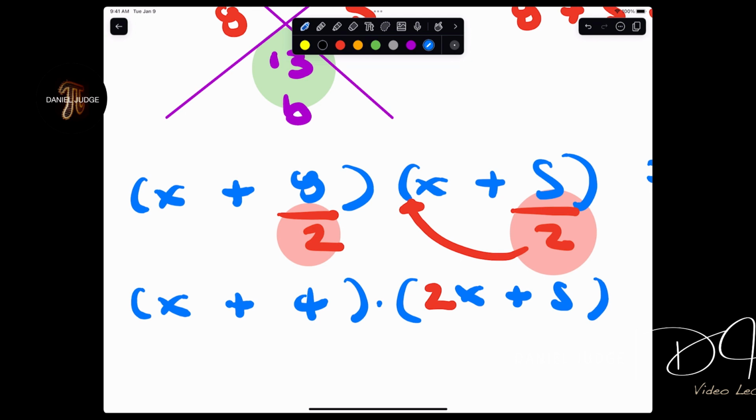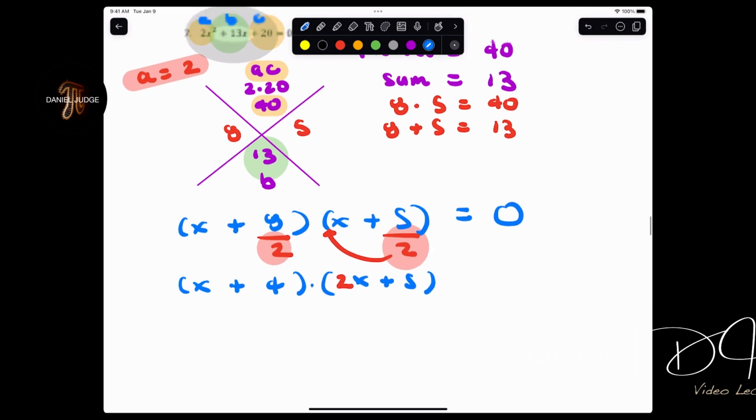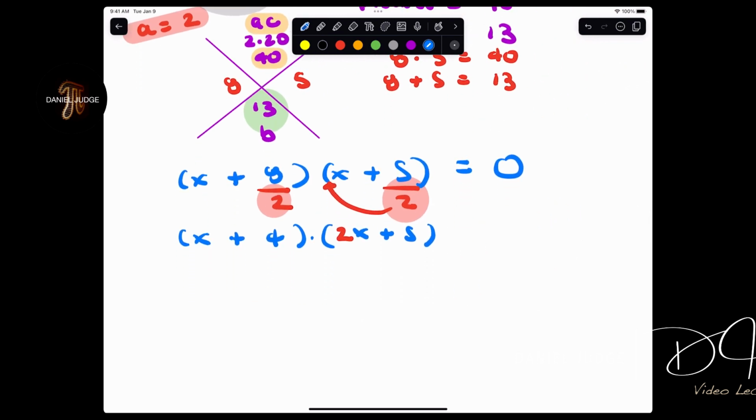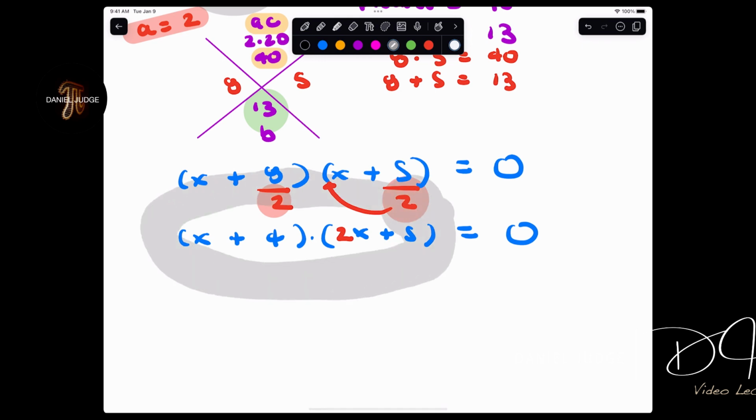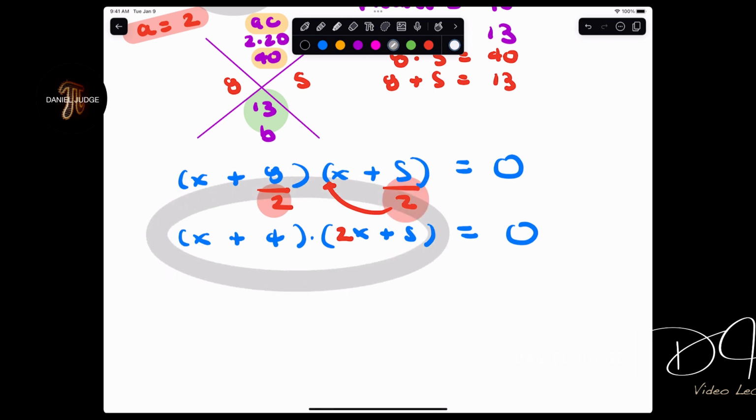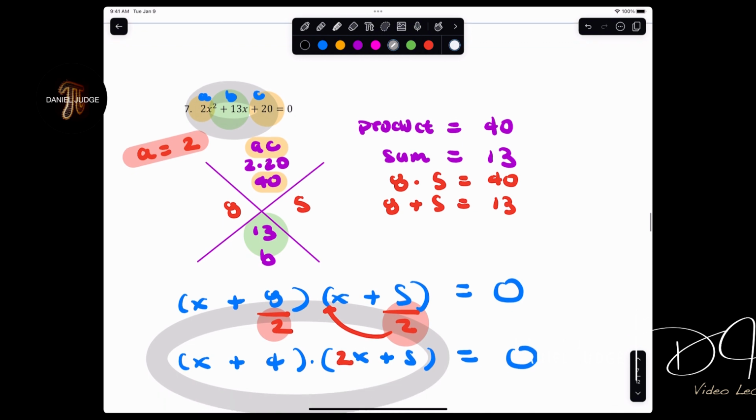Okay, so you're going to move that 2 because that'll give you 5 halves as a decimal value. Now you have factored. You're done. But this is a quadratic and it equals 0. You're trying to solve, but you did factor. So this is the crisscross method of factoring when a is not 1.